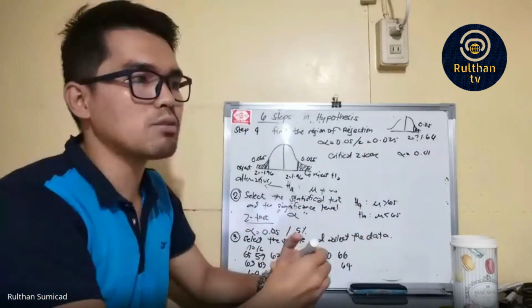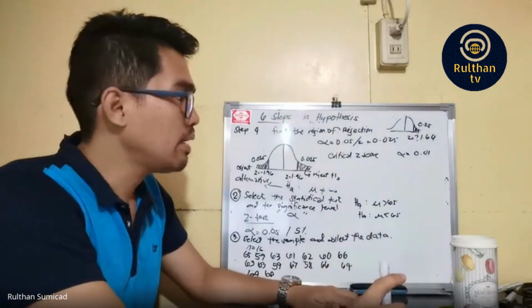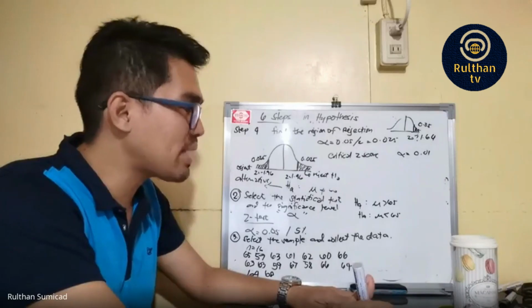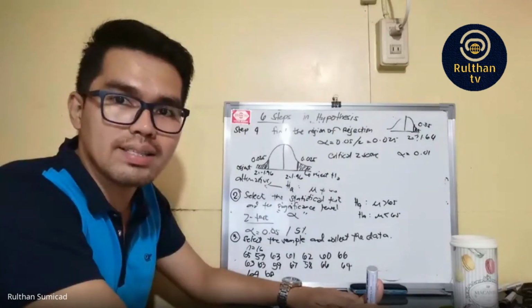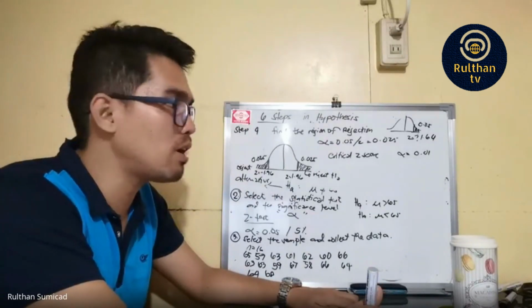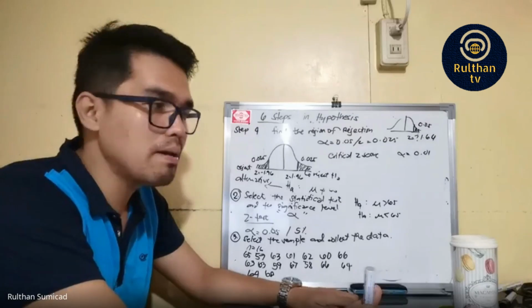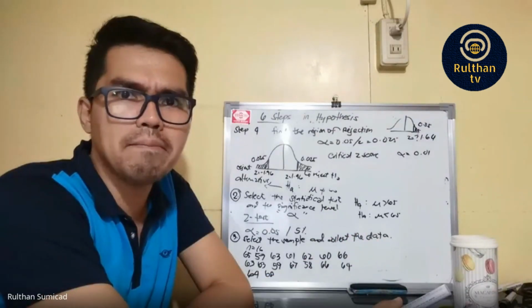Just very quick, what about if our alpha, for example, is 0.01? In a two-tailed test, what is our critical Z? Our alpha is 1%, and then we are using a two-tailed test, still a non-directional hypothesis. What is the critical value, or what is the critical Z score? Positive and negative, still positive and negative. 0.005.